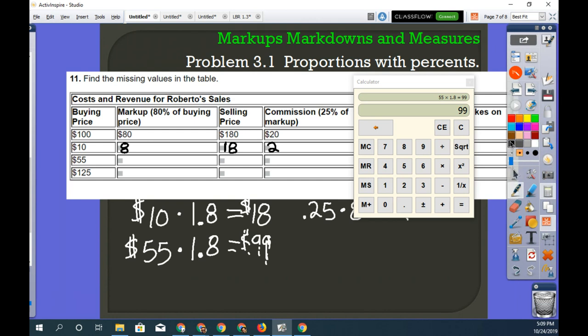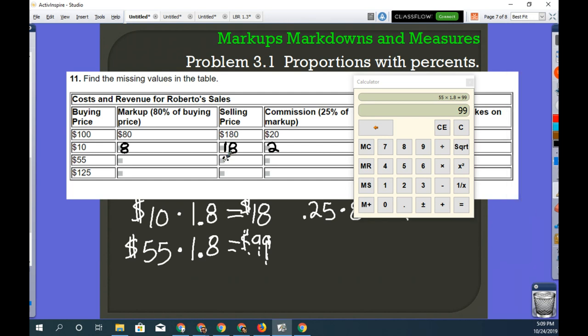All right, my board is not great. $99. Selling price. $99. The difference between the buying price and the selling price is $44.